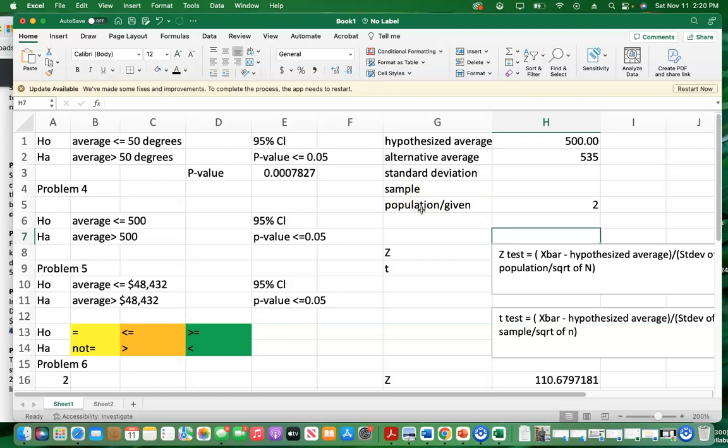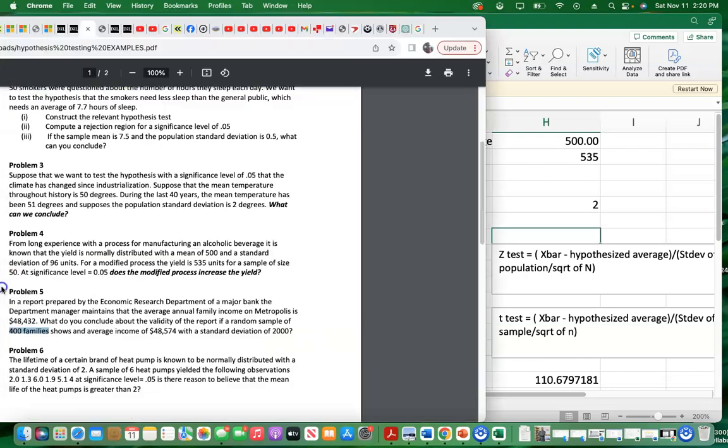Then we need the standard deviation, and that standard deviation can be of a sample, or it can be given, or it can be the standard deviation of a population. So let's look at this information. You can see that the standard deviation, which is 96 units, is actually given. It is not from this sample data that gave us 535 units. It says that normally the average yield for a process which is not modified is 500 and the standard deviation of 96 units.